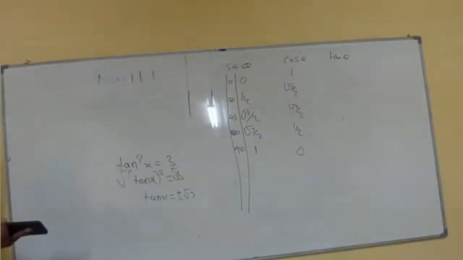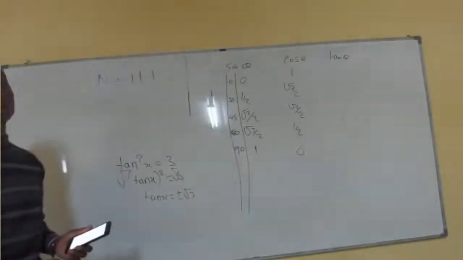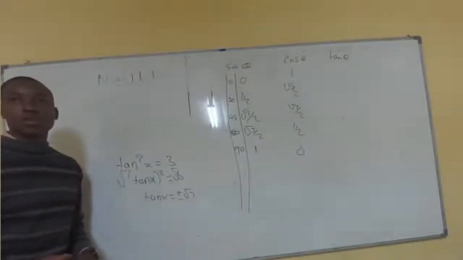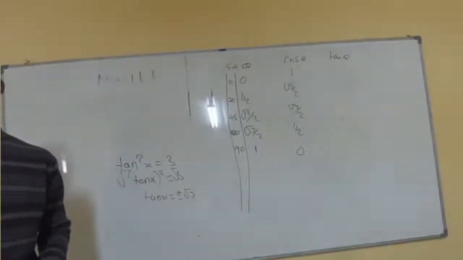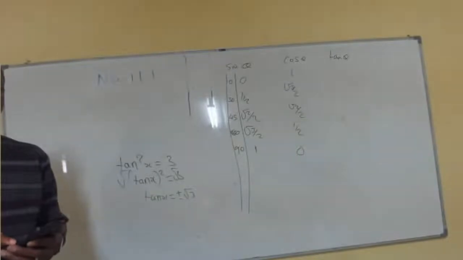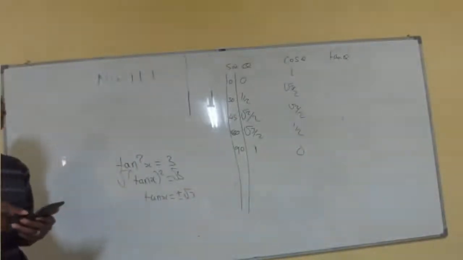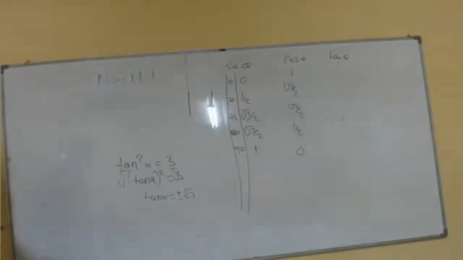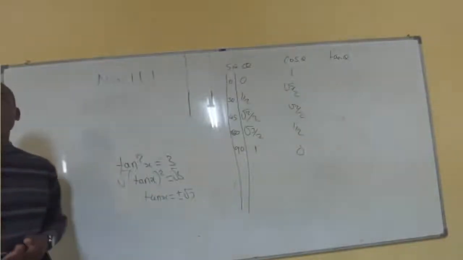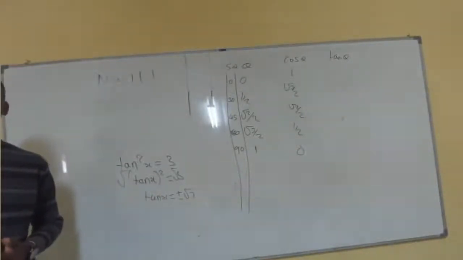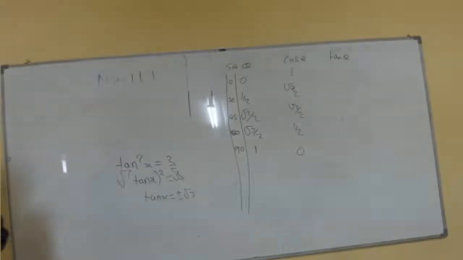Whenever you solve a quadratic equation, you expect to have 4 solutions. As I said before, what you have here is not your alpha, what you have is your theta.